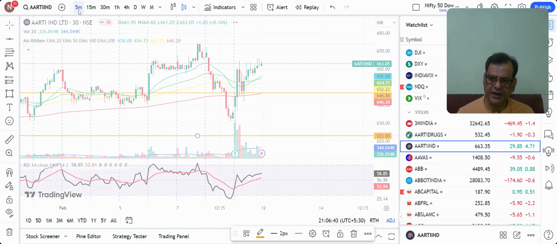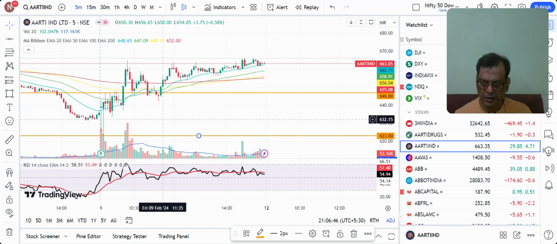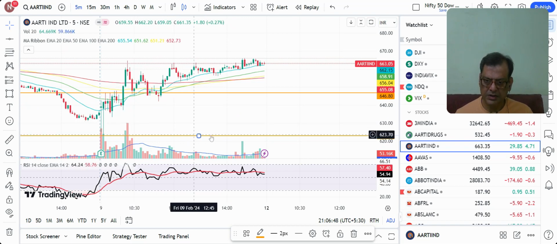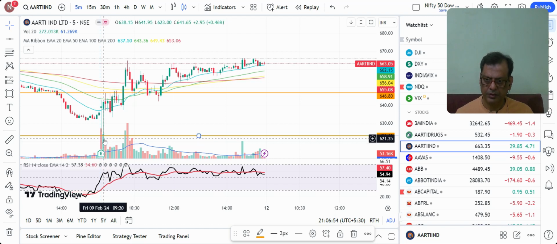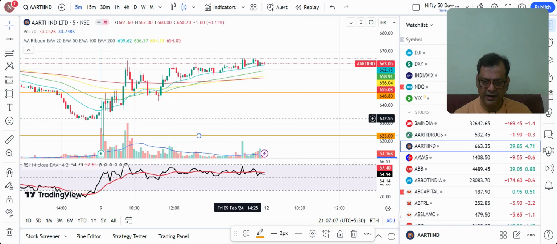Now come to the 5-minute time frame. Can you see here? Price has crossed at 10.5. This candle, please wait for the candle close above the high of this opening range or the low.